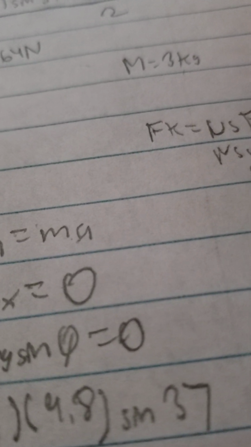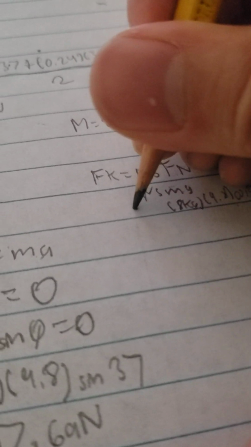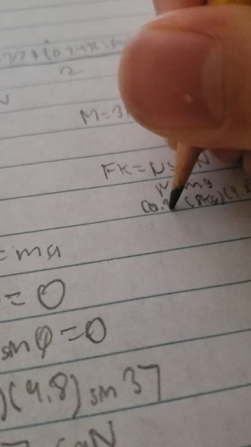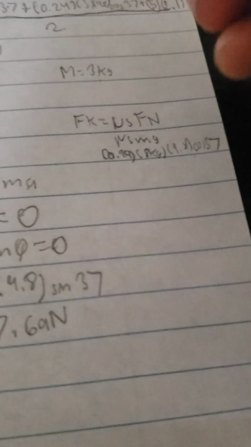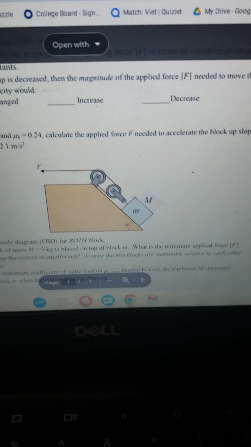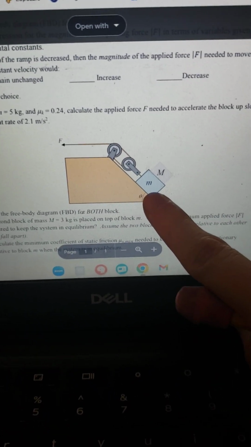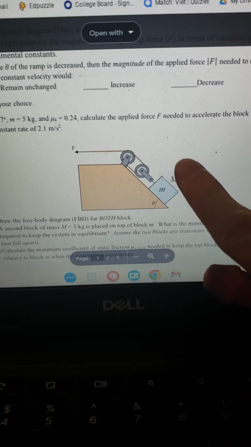Oh my god, this is painful to draw. 37, and then the mu. The reason why we put 8 is because we're not only calculating the Fn for the bottom box, we're calculating the Fn for the top box, because there's a top box stacked on it.